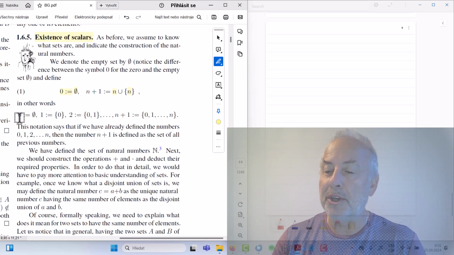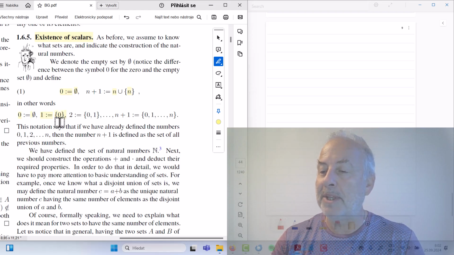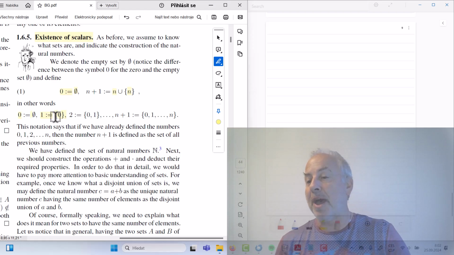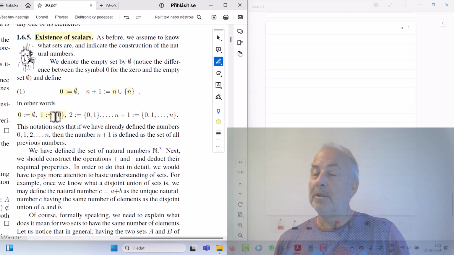So you see, in this way, 0 is simply the empty set, 1 will be the one element set containing the empty set, 0. Well, that's a different thing. You have a one element set and the only element in that set is the empty set. Why not? Sounds weird, but why not?